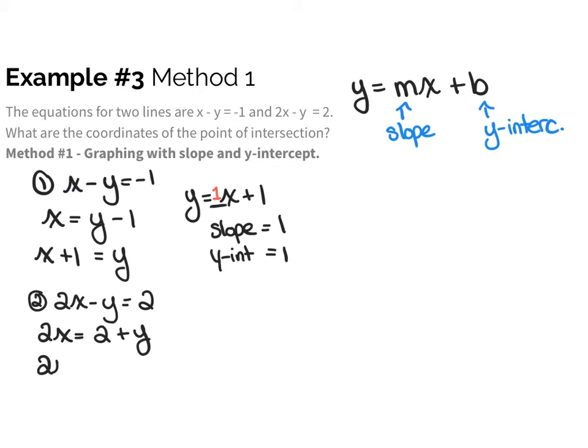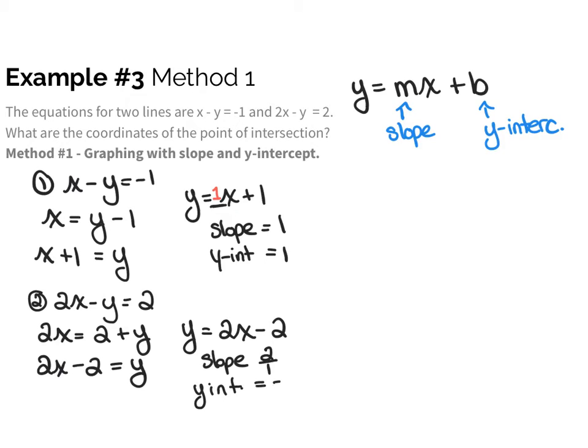So it became 2x minus 2. And so our second equation was y equals 2x minus 2. So in this case, our slope is 2 over 1, our rise over run, and our y-intercept was minus 2.